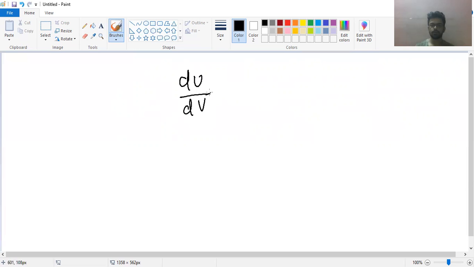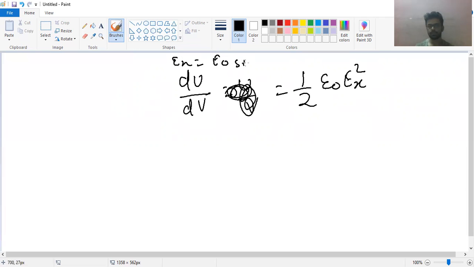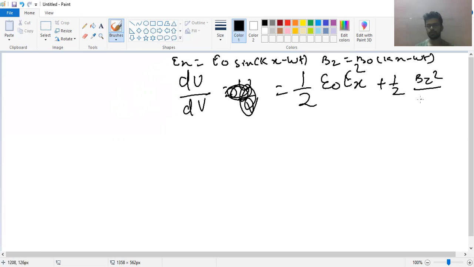It's equal to U by V only, the dimension is not changing. So dU by dV is equal to 1 by 2 epsilon Ex square plus half Bz square by mu naught.